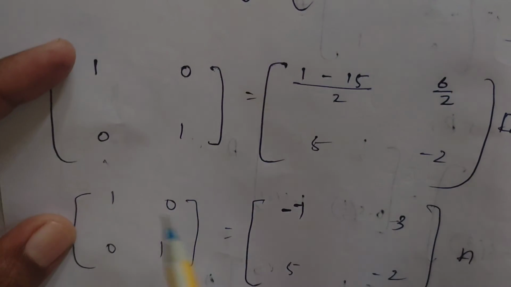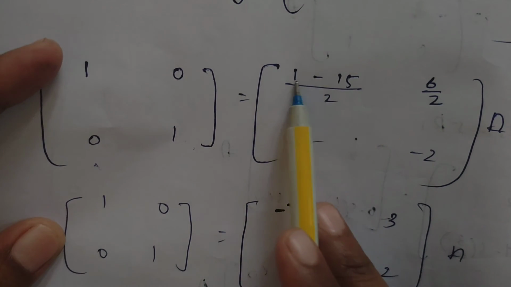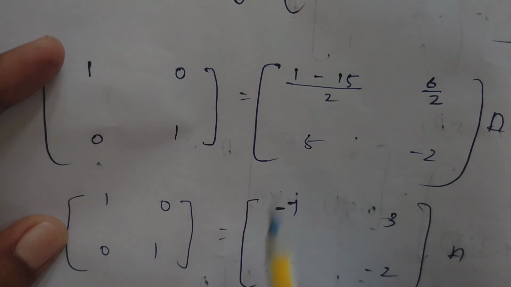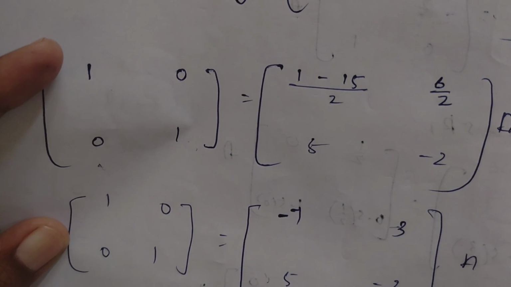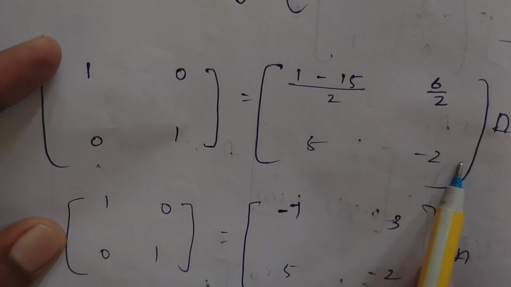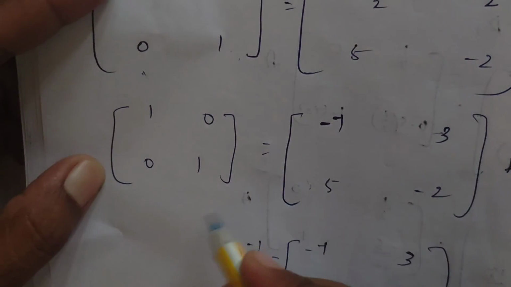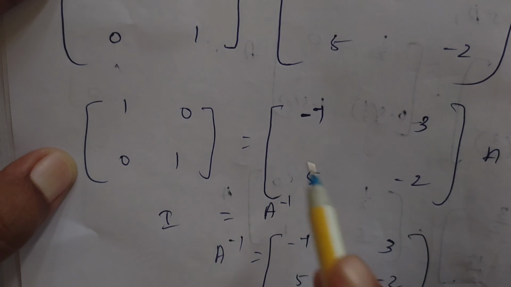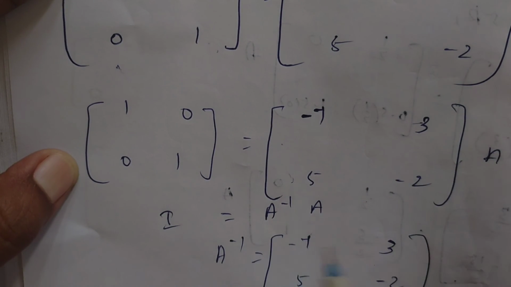So 1 0 0 1. 1 minus 15 is minus 14, minus 14 by 2 is minus 7. 6 by 2 is 3. 5 minus 2. Therefore, I is equal to A inverse A, or the A inverse matrix is minus 7, 3, 5, minus 2.